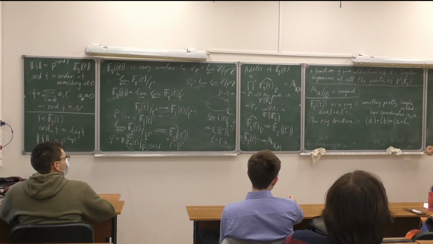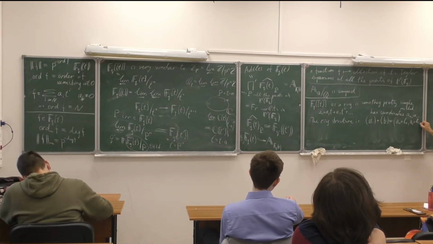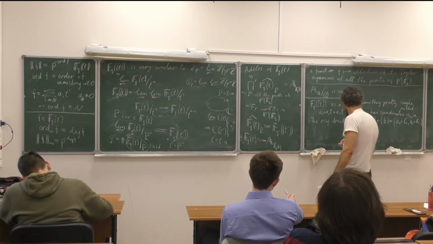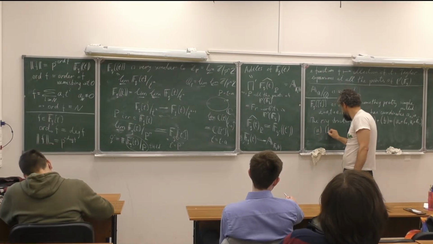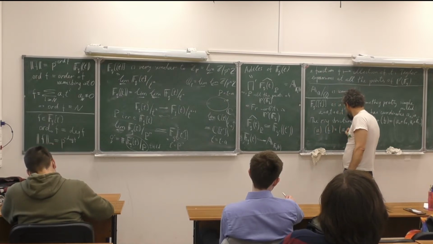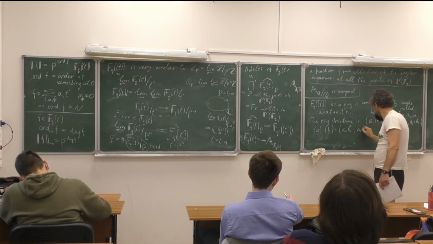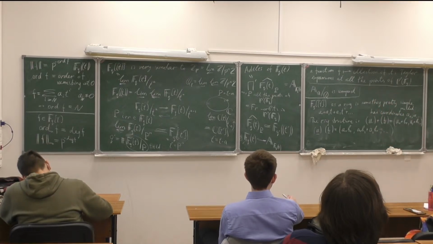And what is the first coefficient? a1 plus b1, and so on. If you multiply, then it's not as simple, but still, you know that it's a0 times b0, and then a0 b1 plus a1 b0, and so on. So it's pretty straightforward.